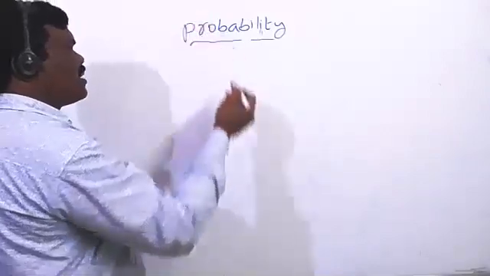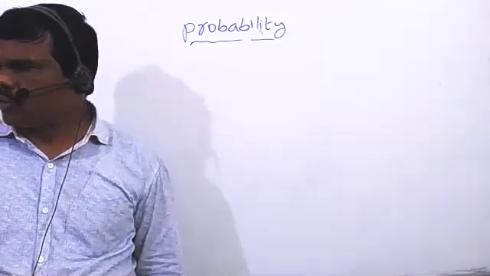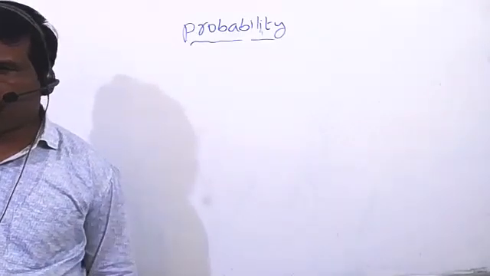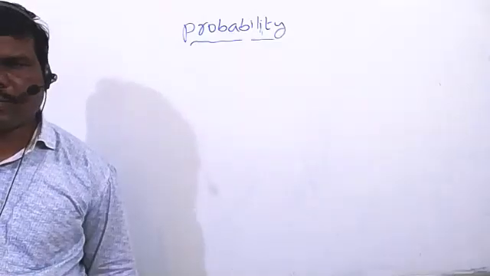Anyone, please tell me what we learned last year. Anyhow, we have to revise the 11th standard, as we require it in a few classes. P of E is equal to, that is the probability of an event. It is the theoretical approach. Okay. But in that, what other concepts did we get?